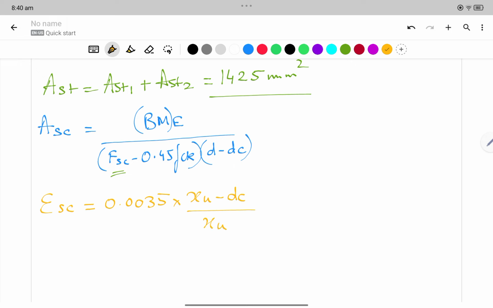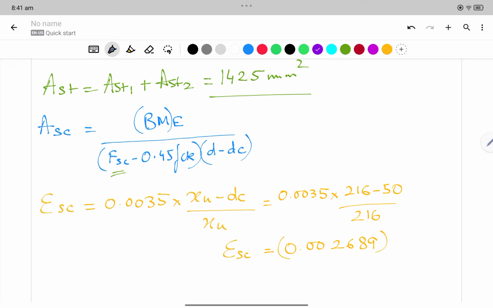Here XU is XU limiting, so the value is 0.0035 into XU is 216, DC is minus 50, divided by XU 216. So the value is coming to 0.002689. Okay, so this is the strain value.